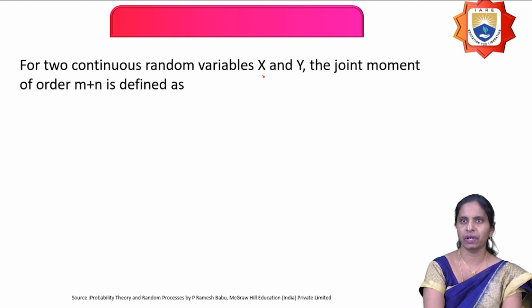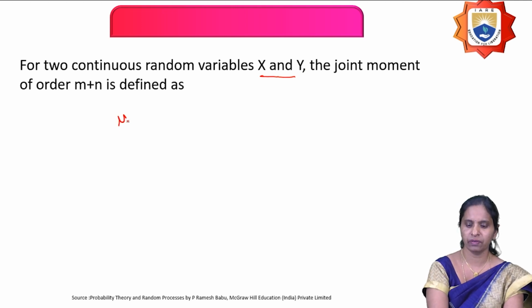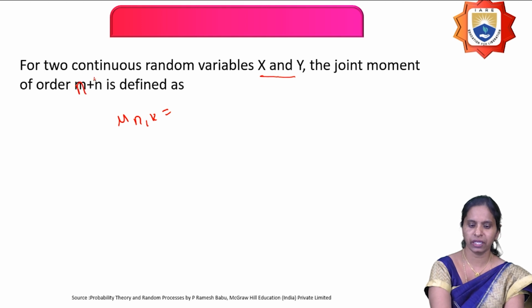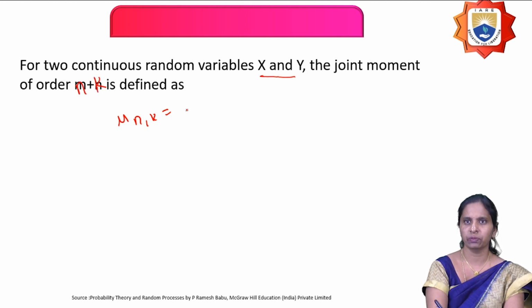Now, if x and y are two continuous random variables, then what is the joint moment about the mean? Mu suffix n comma k, where I am taking the order n plus k. The formula is the expectation of x minus x bar power n into y minus y bar power k.